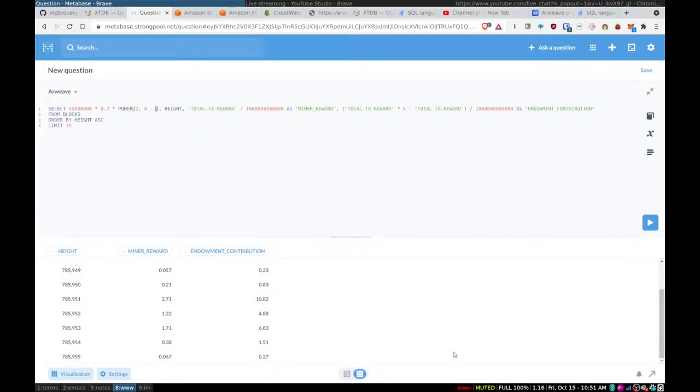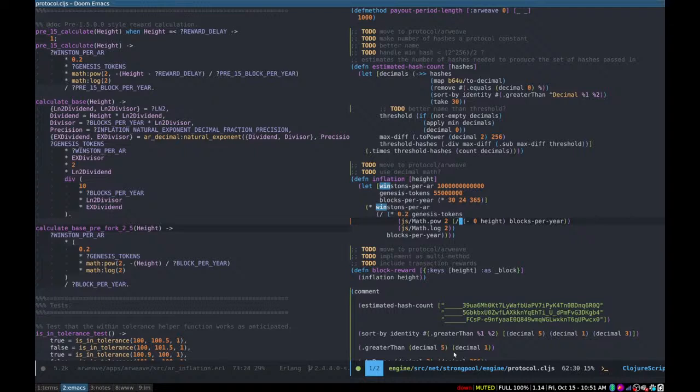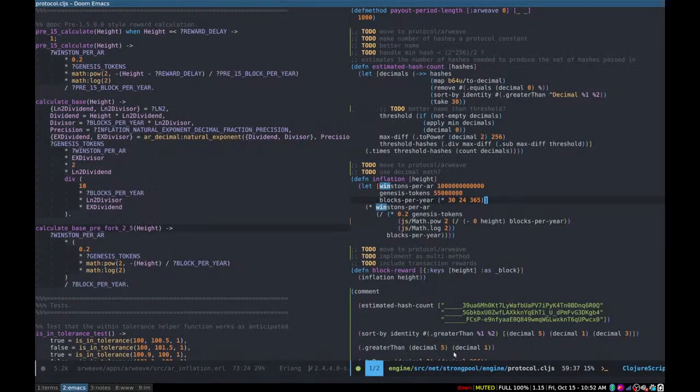Whatever, we'll do it this way. 0 minus height times blocks per year. I guess we'll do that version. Height. Oh wait, which way are we doing this? So we're doing the negative height and then blocks per year.